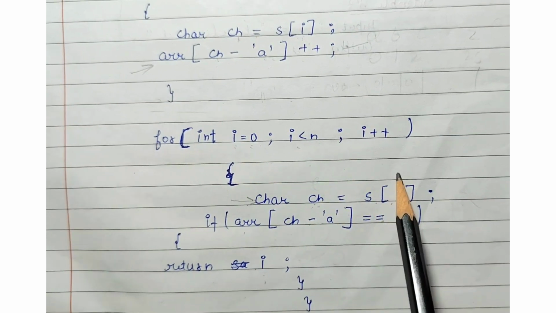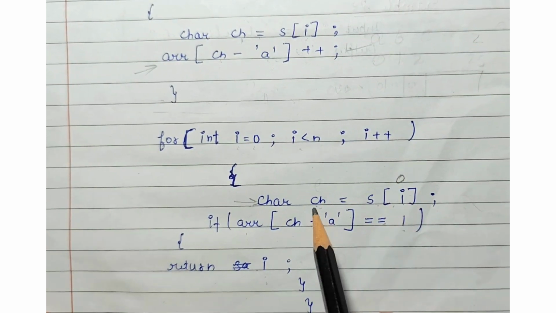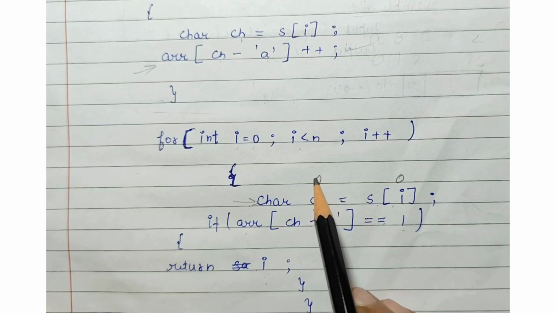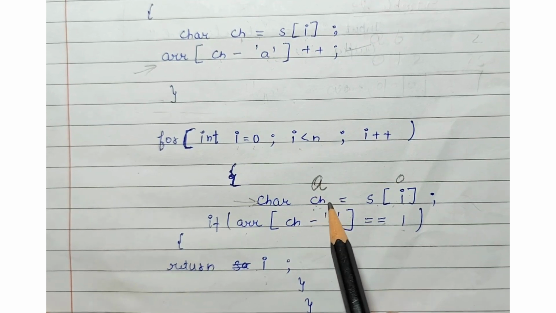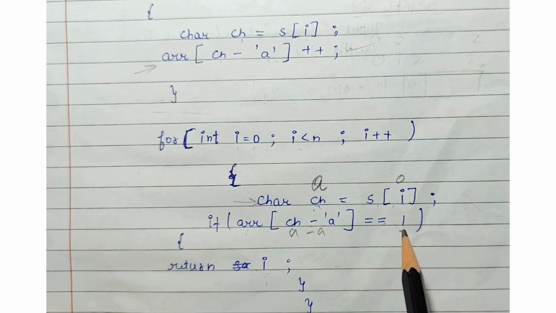I is equal to 0 means at index 0, whatever the character is, that character goes to the ch variable. Suppose the first character is A, so A will come here. Now array of A minus A means index 0. If the frequency of A is 1, then the 1 equal to 1 condition is true, and it returns I, meaning the index.